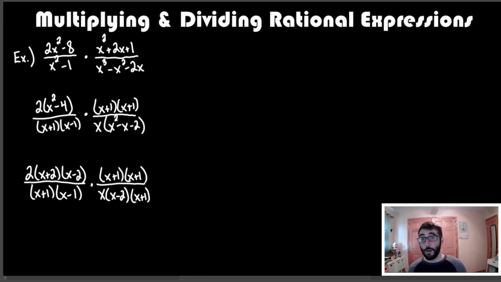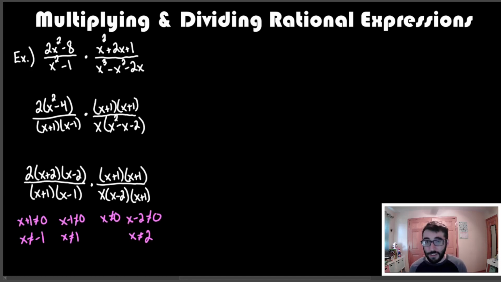From here, we have to once again talk about our domain restrictions the exact same way we did in the previous video with simplifying. The only difference is we have an extra denominator to worry about. But the restrictions work the exact same way. We just set every single factor with a variable in it equal to 0 and solve and say, hey, x cannot be this number.